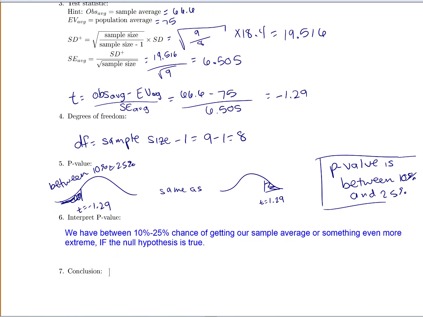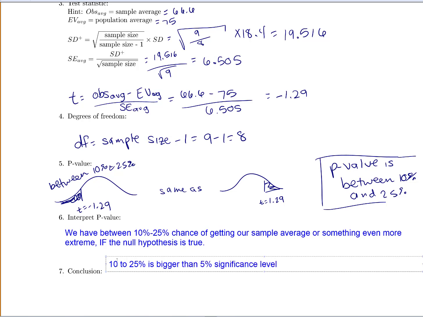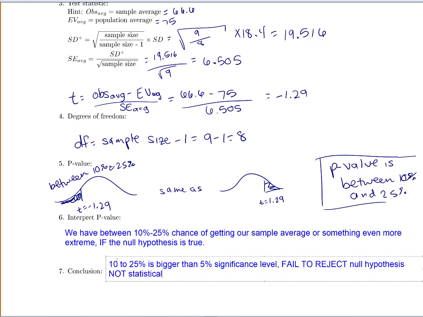Our conclusions. Well, 10 to 25% is bigger than our 5% significance level. So with big p-values, we will fail to reject the null hypothesis. So it is not statistically significant.